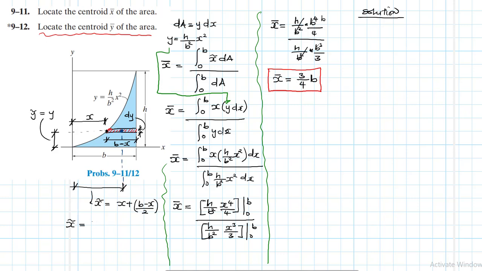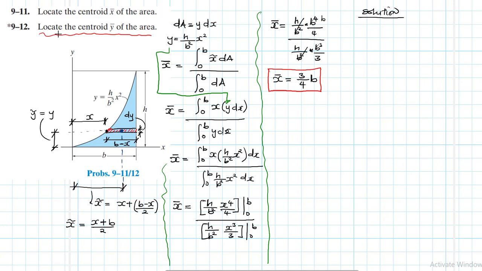Then we are going to have x plus x plus b divided by 2, right? Of course. So we have all that information. So what we need to do now again is to start working. All right.